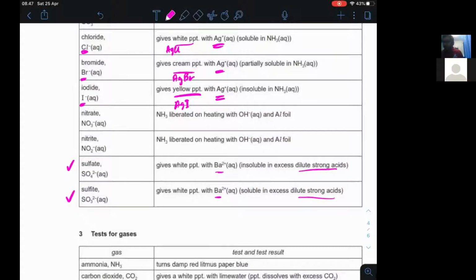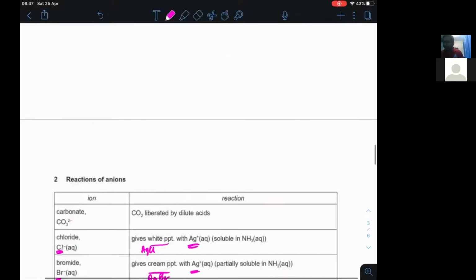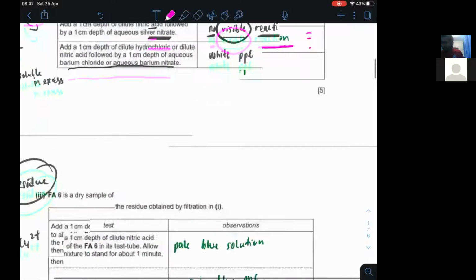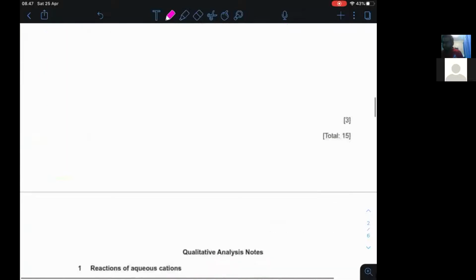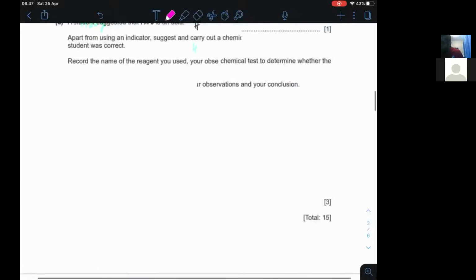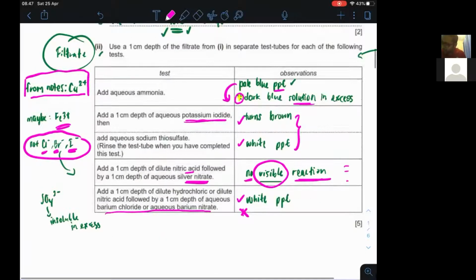What you will see is a white precipitate. This is your observation. Now, can someone tell me, after you get this white precipitate, what is the next step that you will do? This question is similar to the one here, where I see a pale blue precipitate, then after that the dark blue solution in excess.